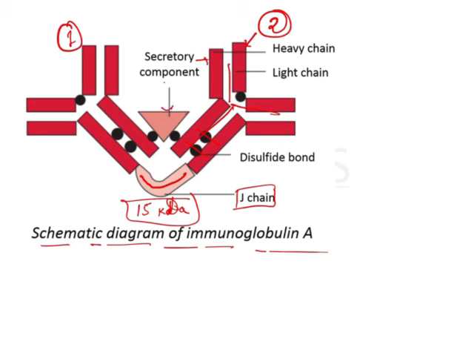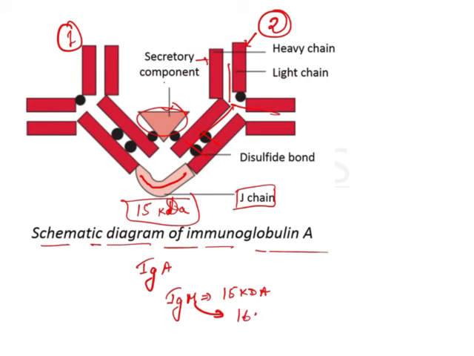Here you will be able to appreciate the secretory component, which is also joined to these two monomers. Now, one important thing I must say: because the J chain is found in IgA as well as IgM, in IgM it is going to join the 5 monomers. Since it is 15 kDa and there will be 5 monomers, it will be a pentamer, right?